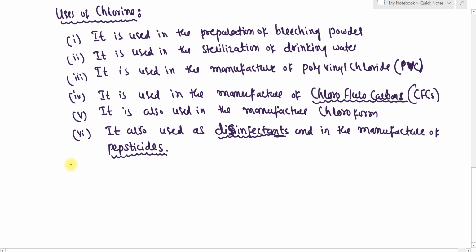So in industries, hydrogen is used as a fuel gas. Next, second application. It is used in the manufacture of HCl, H2SO4, HNO3 acids. It is because all the acids contain hydrogen.